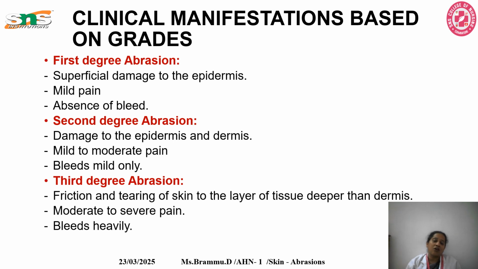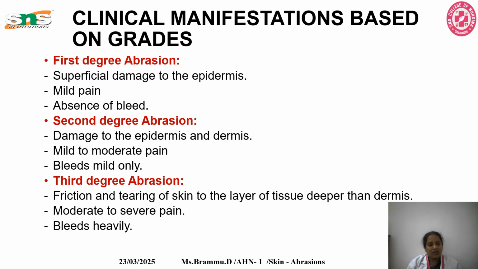So how do you find out the clinical manifestation based on the grades, whether the abrasion is falling under the first, second or third degree? The first degree of abrasion is due to superficial damage to the epidermis, the pain is very mild and there is no bleeding. In the second degree of abrasion, there is damage to the epidermis and dermis, there is mild to moderate pain and bleeding is very minimal.